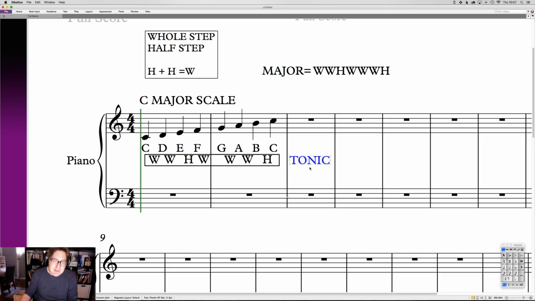When I did that example at the bottom down here, where I stuck B flat in, one of the reasons that sounds different, maybe not bad, but different, is that when there's a B flat, C doesn't sound like the home anymore.